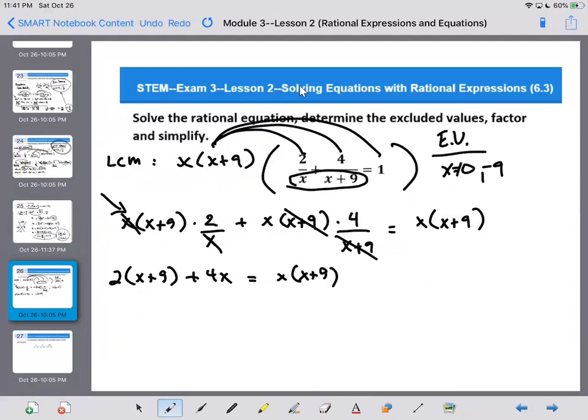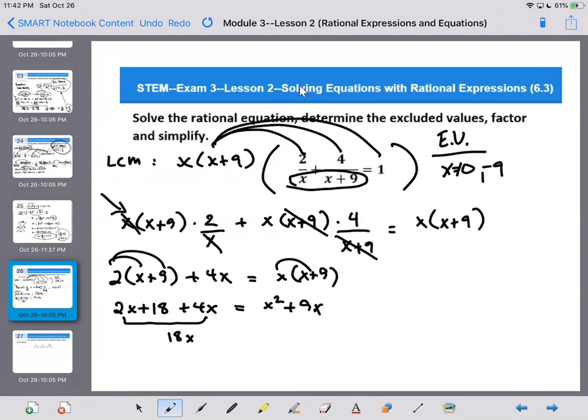So here I've got 2x times 9, so I've got 2x plus 18 plus 4x is equal to x squared plus 9x. So really you just want to try to get everything on the same side as you can. So 2x and 4x would be 6x.